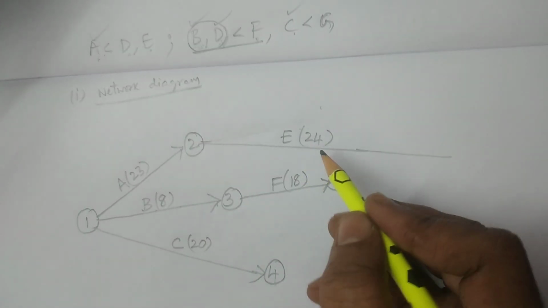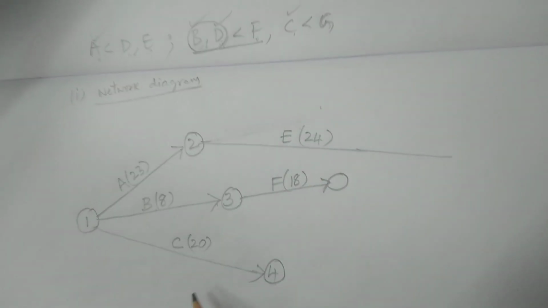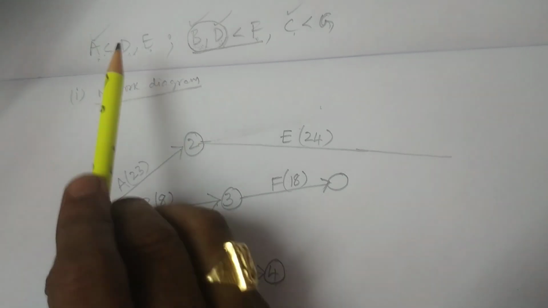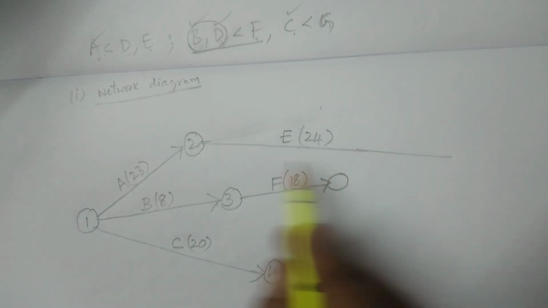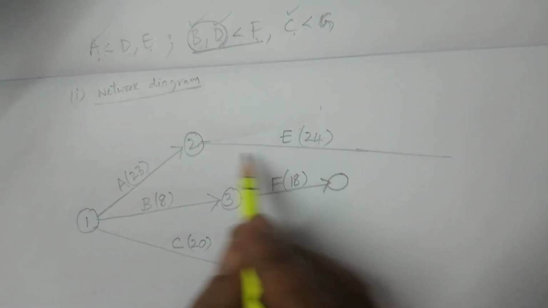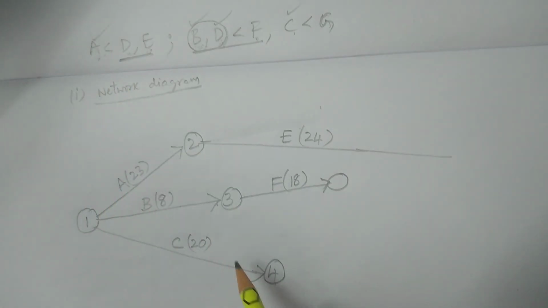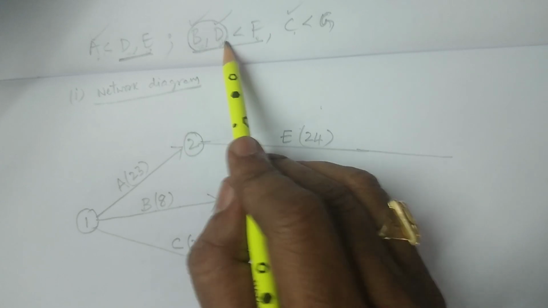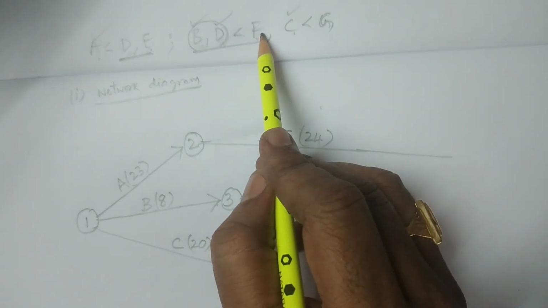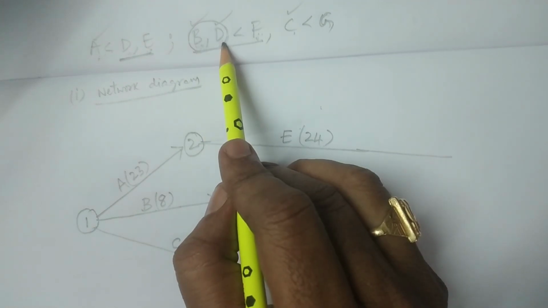This is E, and the time duration is 24 days, right? And one more activity is going to be taken after A. After A, I have started here, and after A we have to start the activity D as well. Luckily, we have another relation, B, D less than F. That is, before the activity F, B and D should be finished.